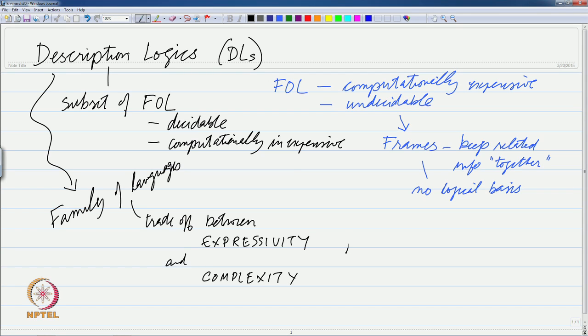As expressivity increases, complexity also increases. So you can have languages in which you can say more and more, but to make the inferences that you want to make, the complexity can be higher and higher.